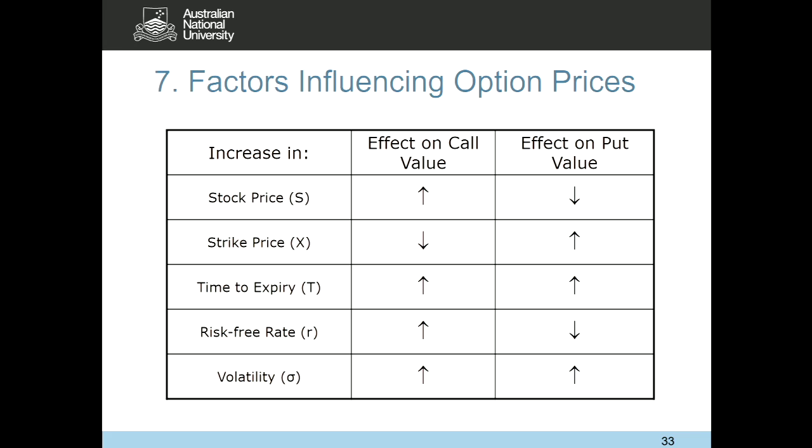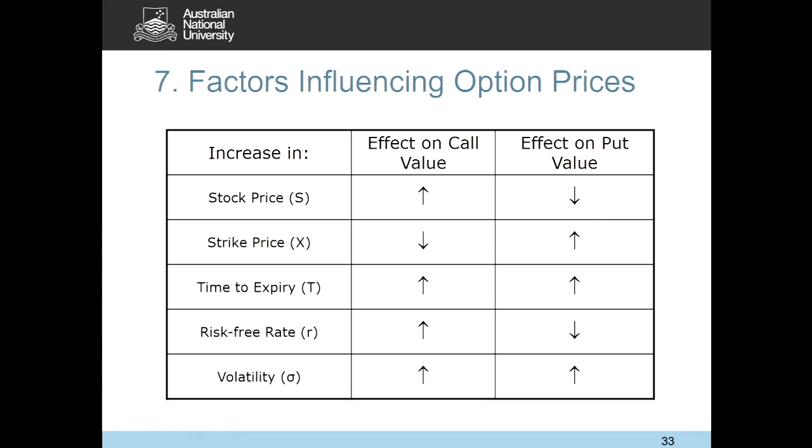Holding everything else constant, a higher share price is good for the call option, because your call is more likely to be in the money and more likely to be exercised. Vice versa, a higher share price means your put option has to work a lot harder to become in the money, so that's bad for your put. So that's a positive effect on the call, negative effect on the put.